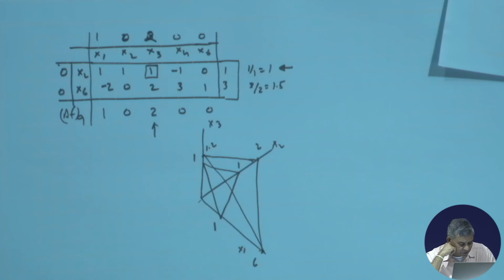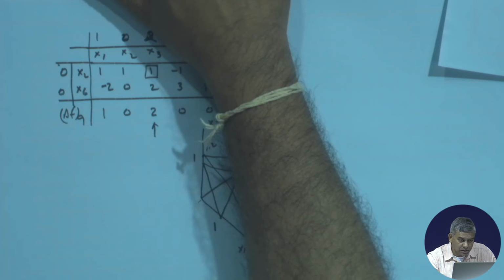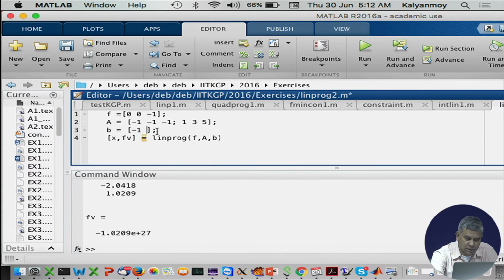Let me see if I got this right. -1, -1, -1, and then it should be -1 over here, right? So that's fine. And then next one, 1, 3, 5 is, I put 6. I should put 6 here, but that should not. And maximize f.